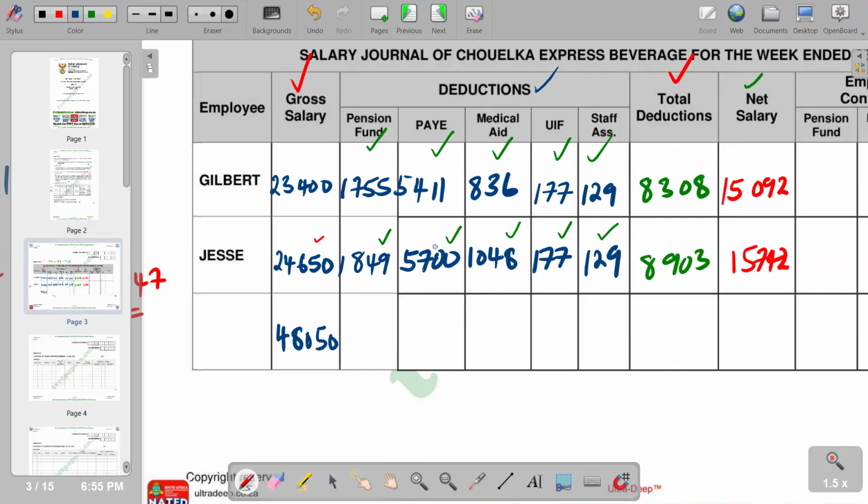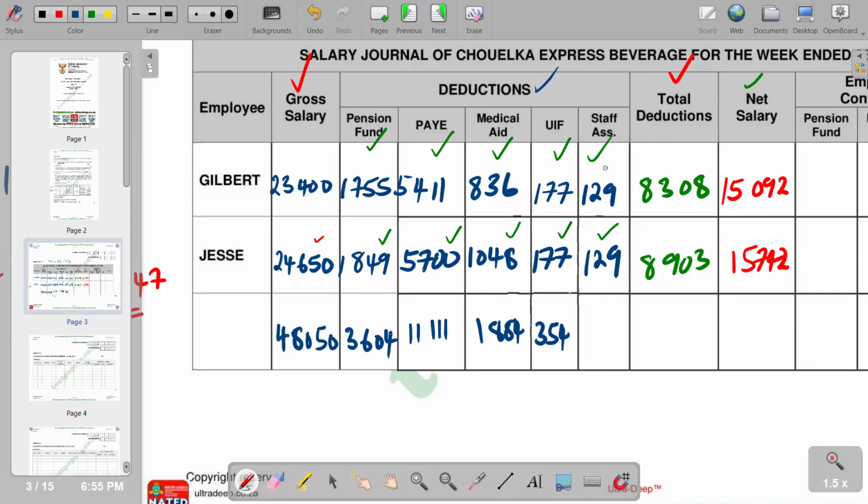So do the same thing for pension fund, 1,755 plus 1,849. You are going to get your total as 3,604. For PAYE, our total is 11,111. Medical aid, our total is 1,884. Then UIF 177 plus 177, you get 354.